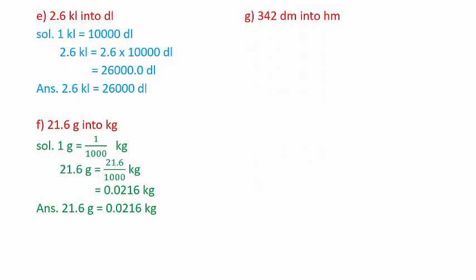Next question, 342 decimeter into hectometer. Now decimeter is again a smaller unit and hectometer is a bigger unit. So converting a smaller unit into a bigger unit, we need to divide. The operation will be division, and the relation between decimeter and hectometer is 1 decimeter equals 1 by 1000 hectometer.